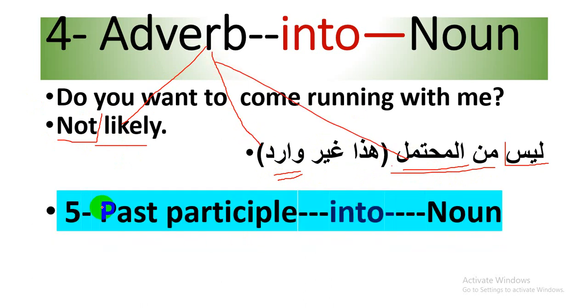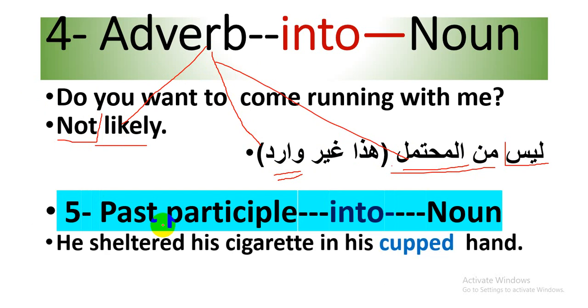Or we could change the past participle, the ed adjective, into a noun. How about this one? He sheltered his cigarette in his cupped hand. How can we translate his cupped hand? Just like a cup, of course, cup of tea, cup of coffee. It's the cup.